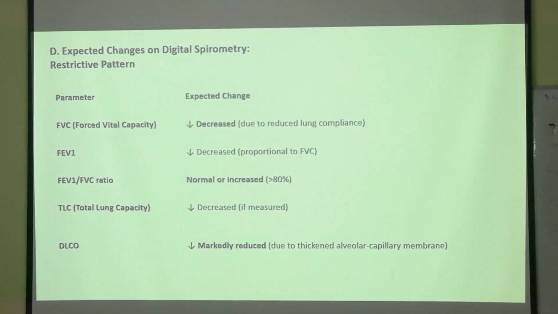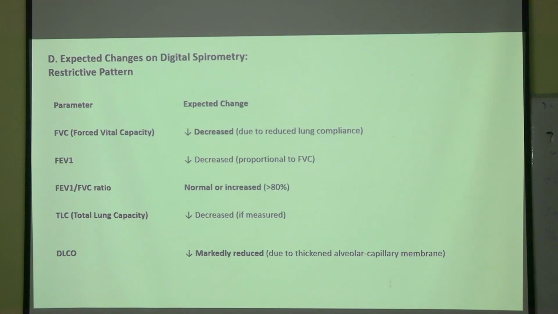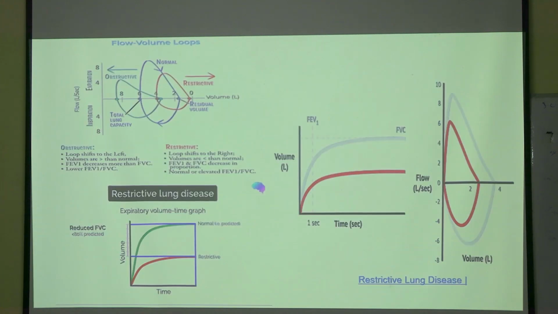Now, what are the expected changes on digital spirometry? Yes, as we have already seen, in case of obstructive disease, there are some changes in the normal FVC value or FEV1 value. Now, the question is whether the same type of changes takes place in the restrictive patterns or not. So, what are the most important changes? Now you can see here. In case of restrictive lung disease, in the normal case the FVC value is more than the FVC value of restrictive subjects.